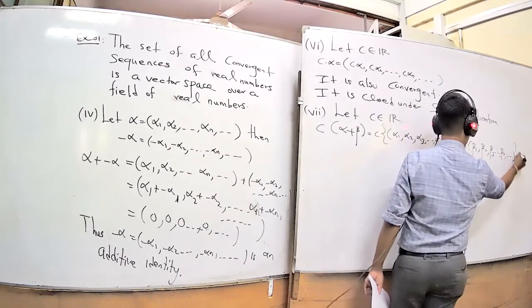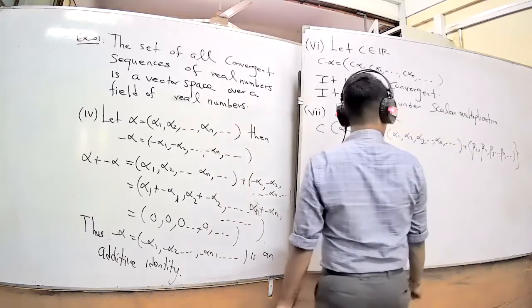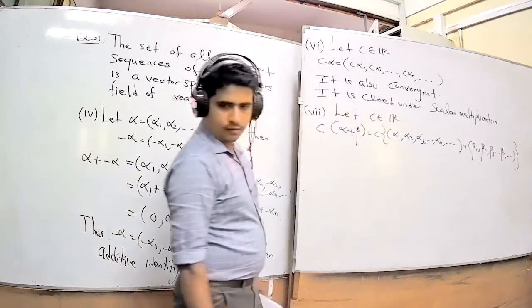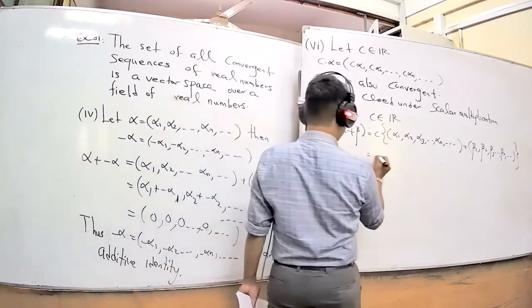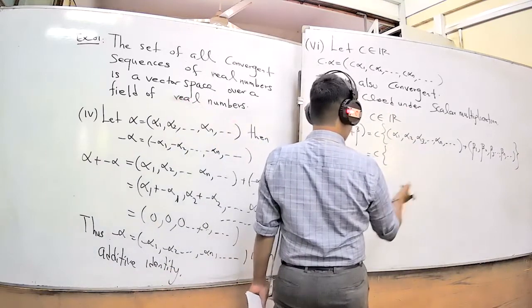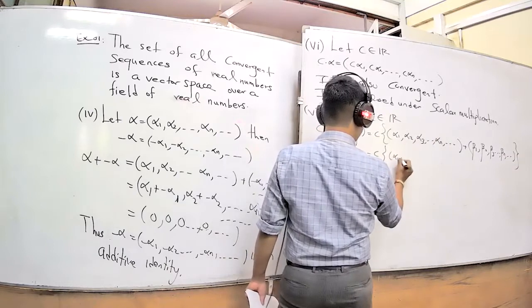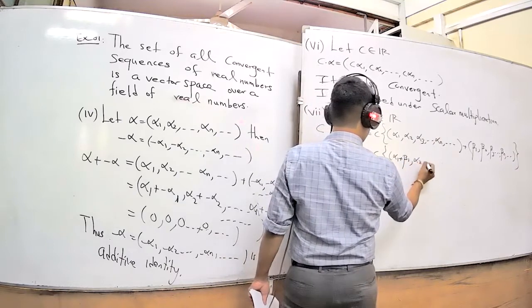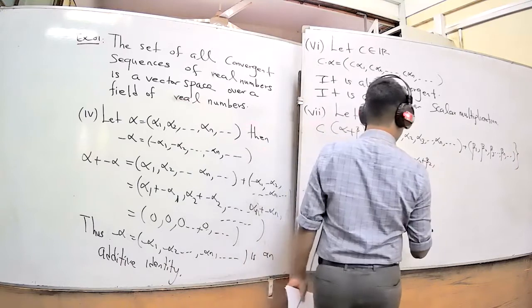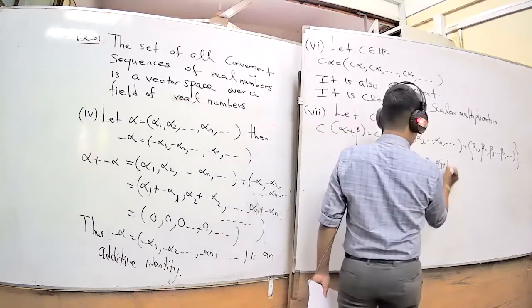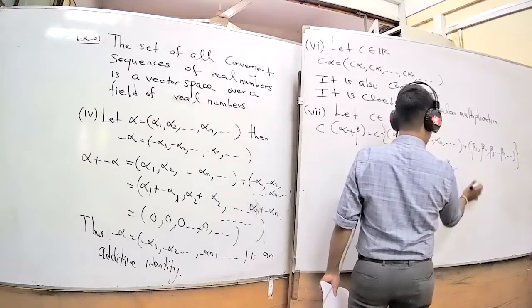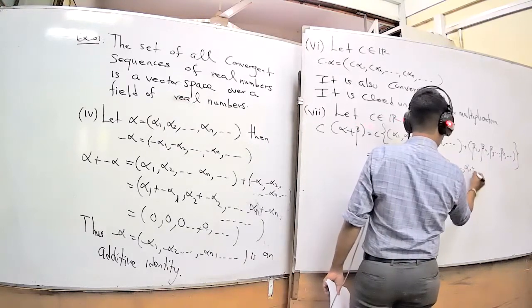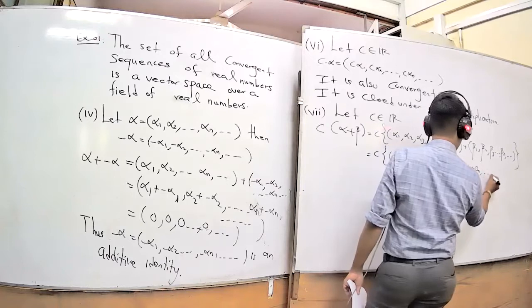Using addition, we get alpha 1 plus beta 1, alpha 2 plus beta 2, alpha 3 plus beta 3, and so on, alpha n plus beta n.